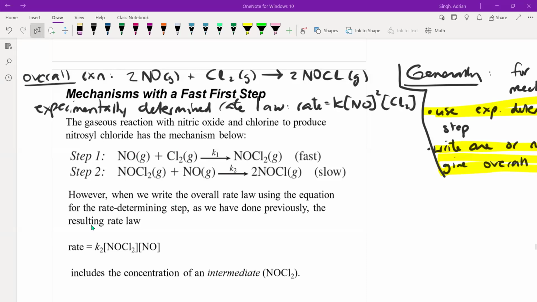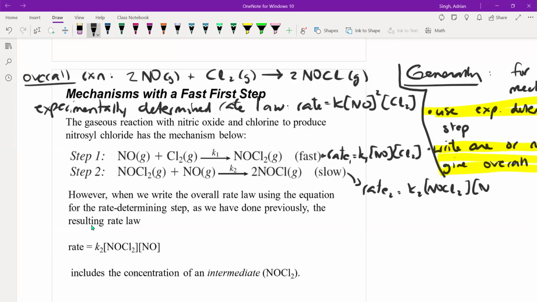So when we write the rate law, we really just need to focus here on the slow one, but we can also write the rate law for the first one. So we can say the rate here is equal to k1 times [NO] times [Cl2]. And then for the second step, we have the rate for the second step equals k2 times [NOCl2] times [NO], right?